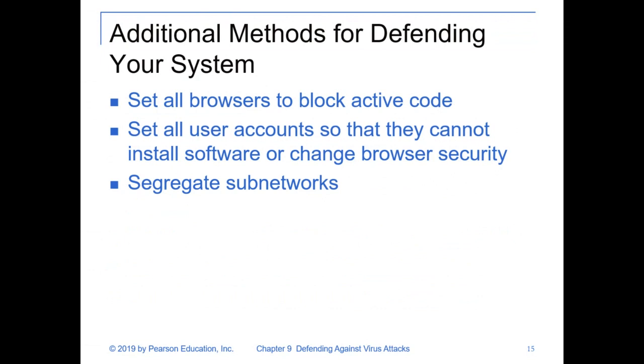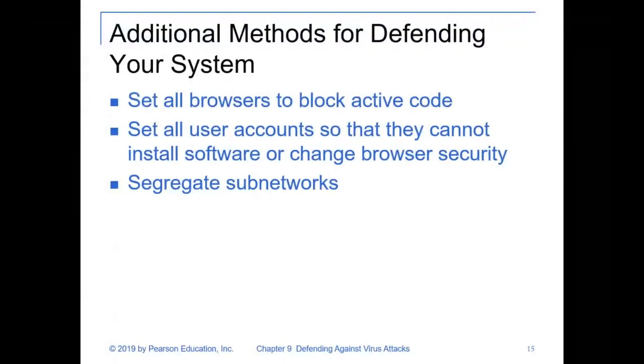These should be over and above the normal security precautions taken by the organization. Now, for the first one, where you set all browsers to block active code, just be aware that this may render some websites unviewable.